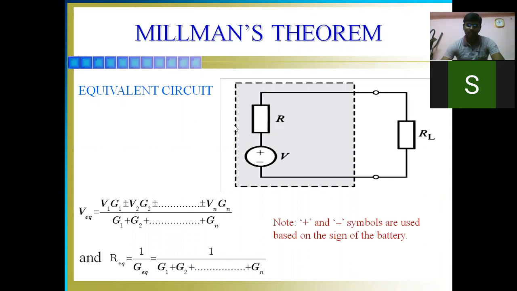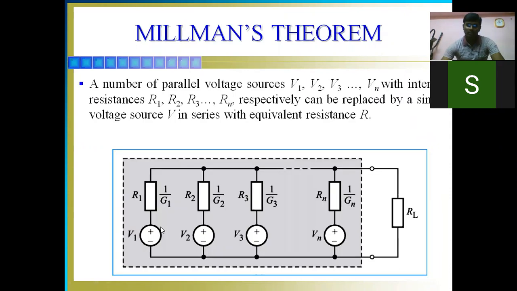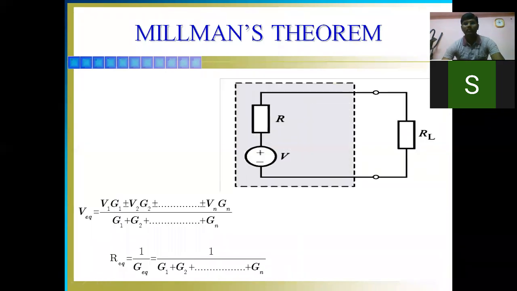Depending upon the direction of these sources, we have to take plus or minus, so we have to take care of these signs while solving problems. Then we will go to one problem.